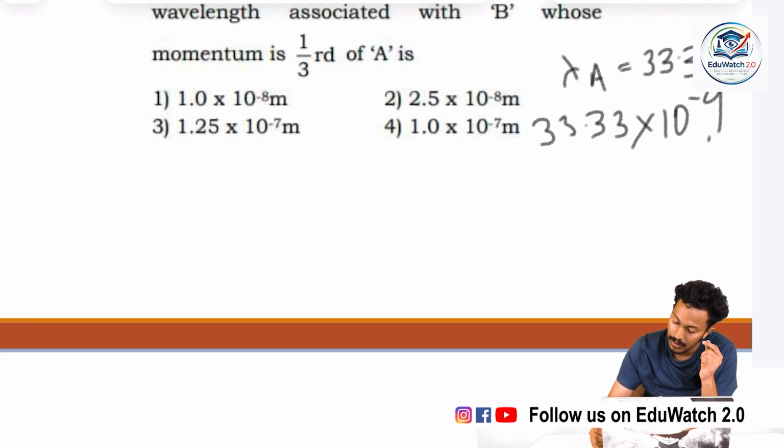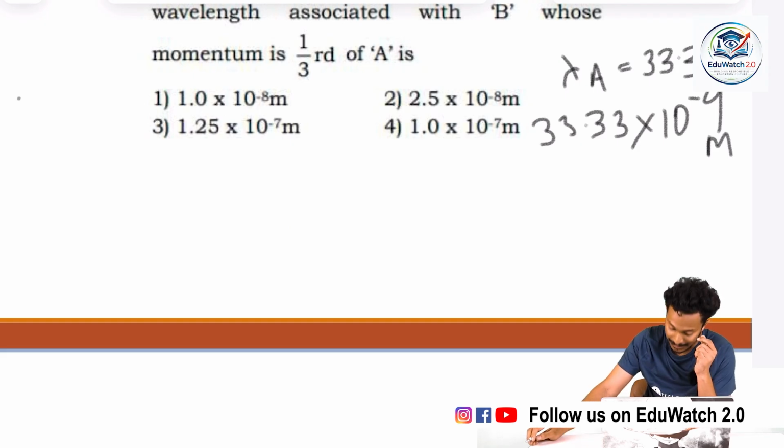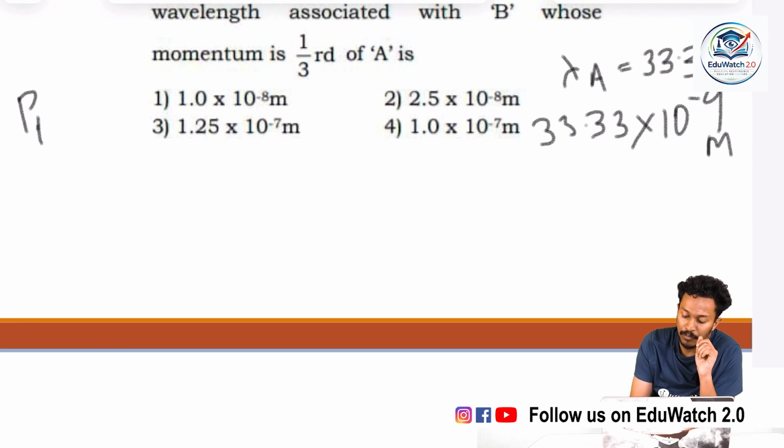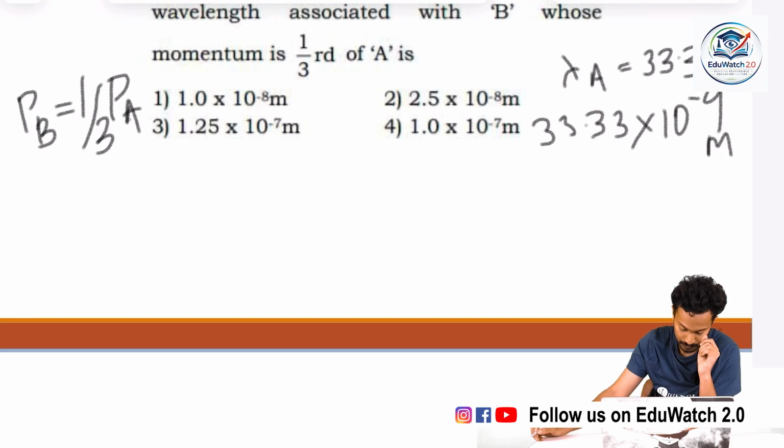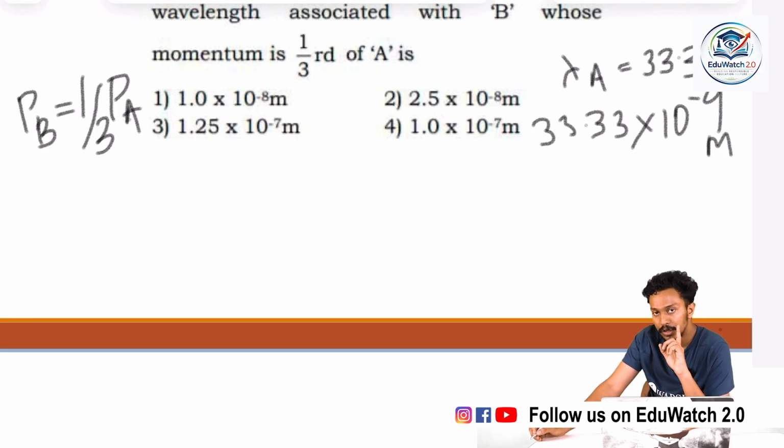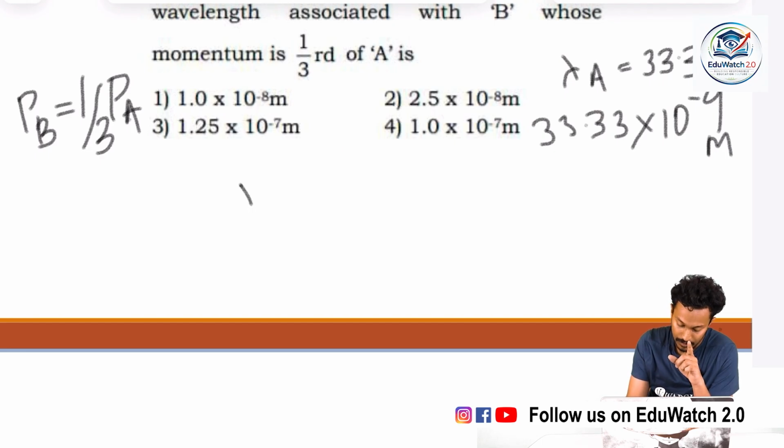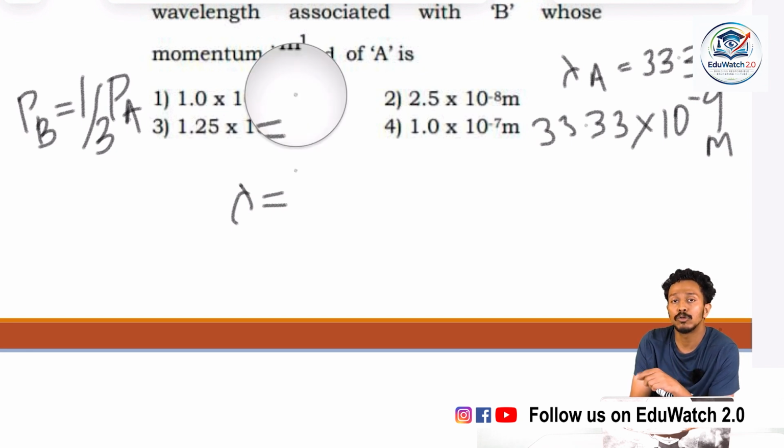We have converted the wavelength of A, and the next known thing is that momentum of B is 1/3 of momentum of A. This is what we know. According to de Broglie's law, the wavelength associated with a particle is inversely proportional to the momentum.